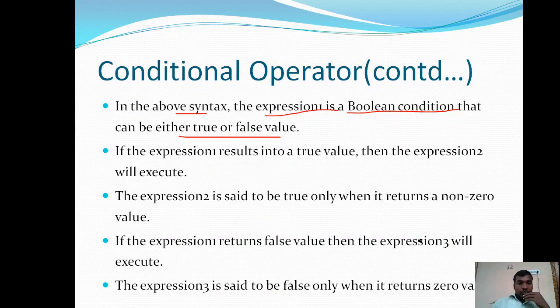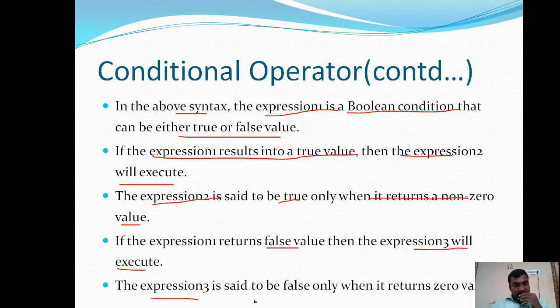Now, if the expression 1 results in a true value, then expression 2 will be executed. Expression 2 is said to be true only if it results in a non-zero value. If the expression 1 returns false, then the expression 3 will be executed.